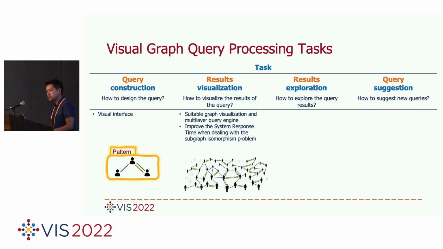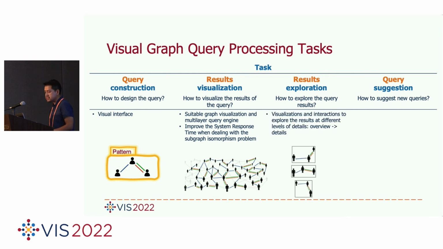The visualization of results is related to how to display the results. In this task, several challenges arise. For example, how to use a convenient graph layout to visualize thousands of nodes, or how to deal with the subgraph isomorphism problem to find all the occurrences of this pattern in the target graph.